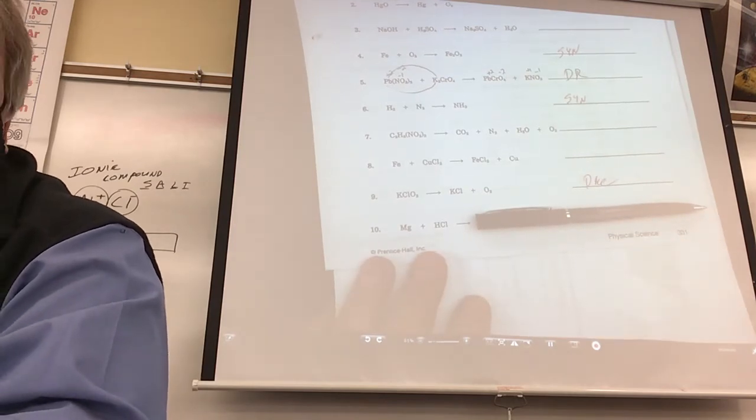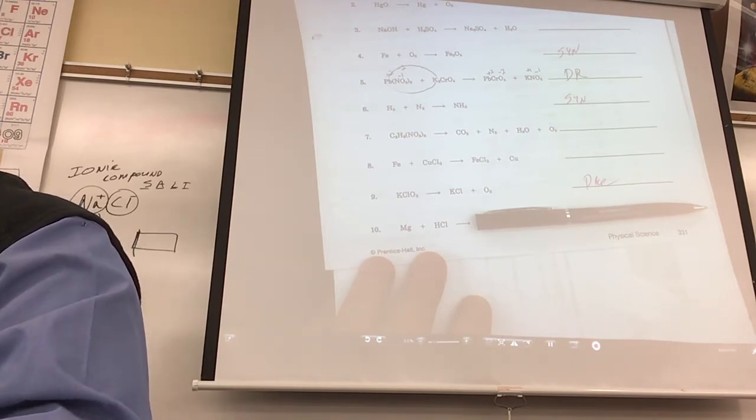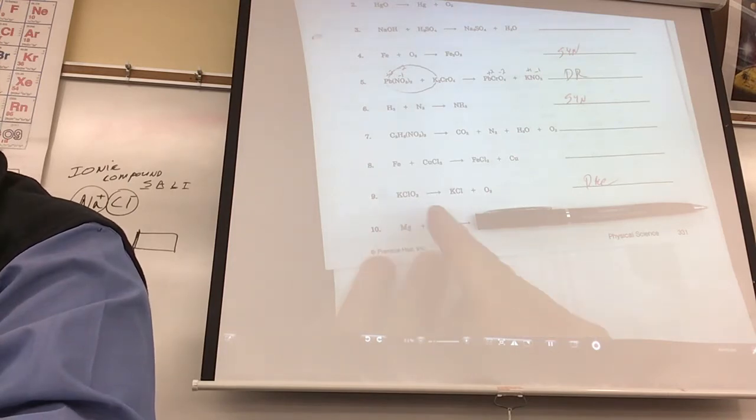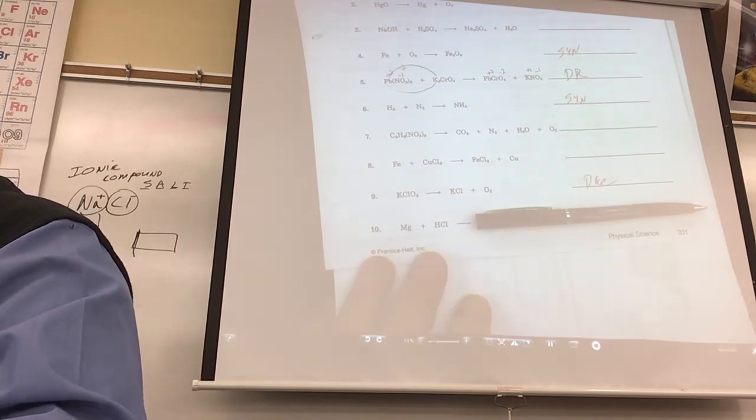Look at number 10. What do you think it would be classified as? Does it look like double replacement like we've been doing? Is that AB plus CD? I don't know about that. Isn't it kind of like A plus BC? So what do you think you're going to classify this as?